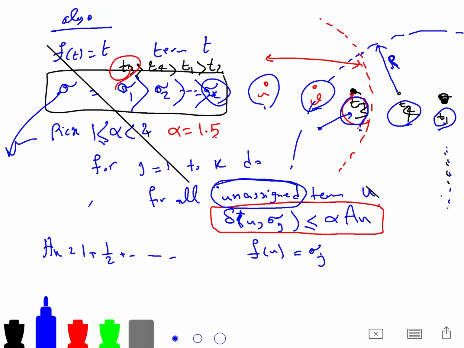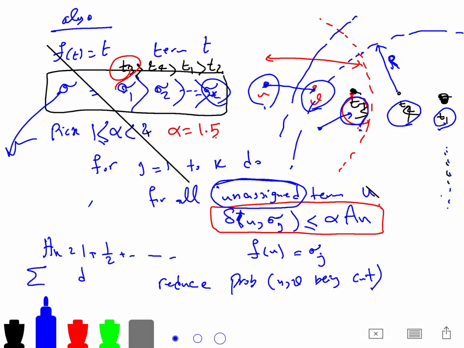Because if you find the probability that the edge U and V is cut, and you reduce this probability, then it implies that you have reduced the LP value. If you reduce the probability of U and V being cut by some terminals, then you can reduce that D of U and V. Of course, it has some cost as well.